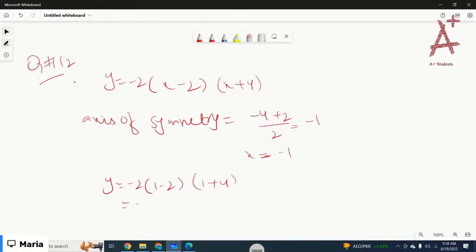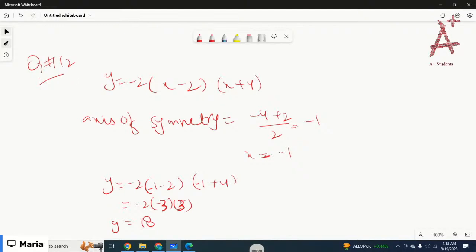No, sorry. It would be negative 3 and 4 minus 1 is 3. So it would be negative 9, 9 times 2 is 18. So y equals 18, right?